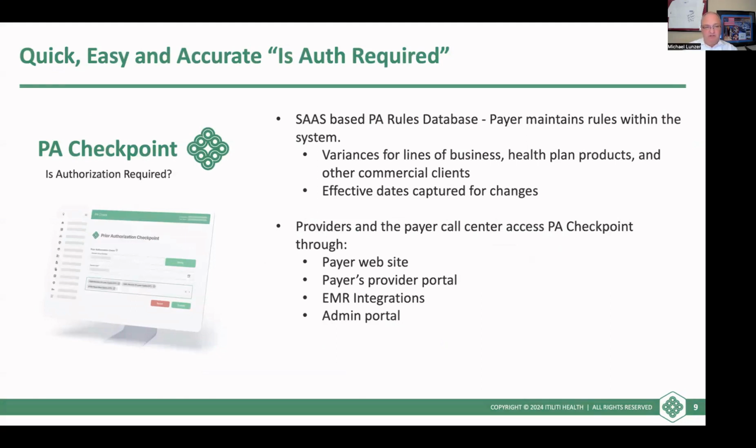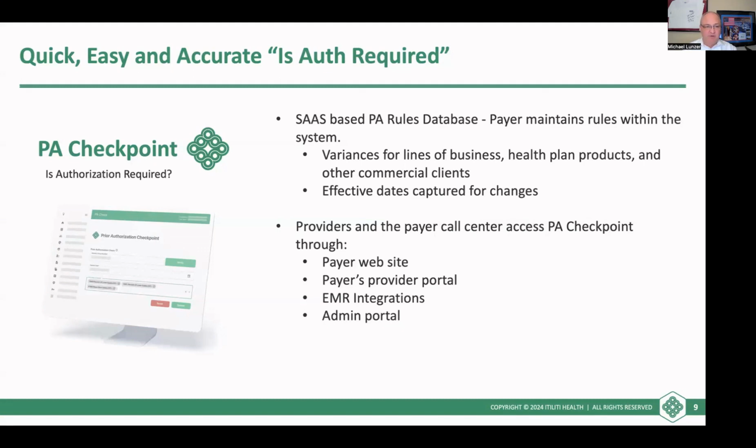The system supports the ability for the health plan to configure their different lines of business, their different health plan products and rules. Even the carve-outs for specific commercial clients are incorporated into the rules in this database. All rules and medical policies have effective dates, so that it's as simple as the provider entering basic information to find out which specific rule applies to their patient and their procedure.